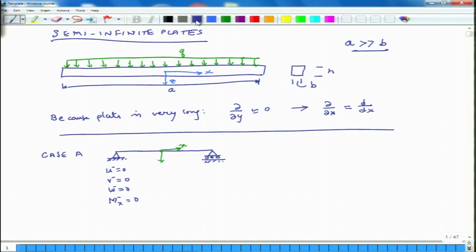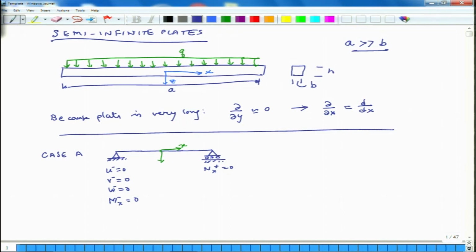Now, on the other end, what is the condition? Because this simple support is free to roll, and anything can be free to roll only if it is not subjected to any external force. So, instead of u being 0 at this end, we will say that Nx plus is 0, because it is free to roll, there is no external force acting on it.